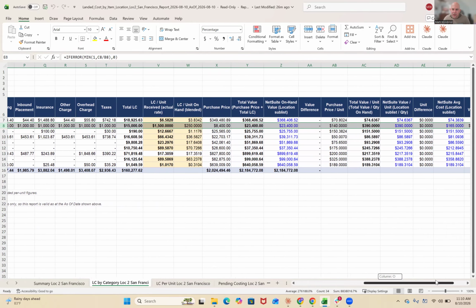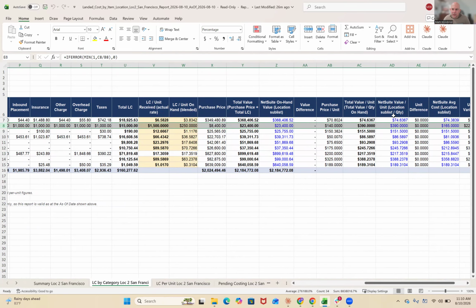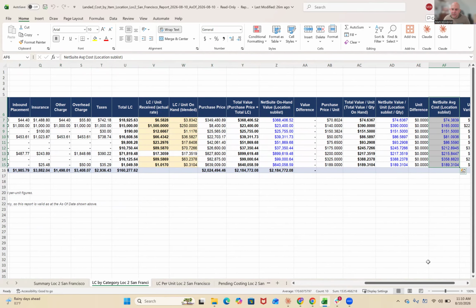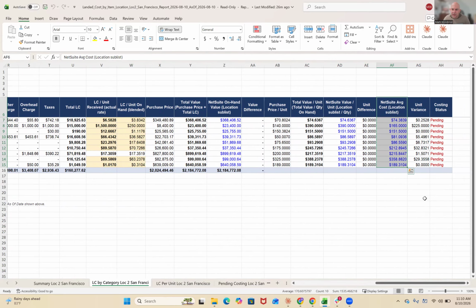Then continuing over, it looks to see if the total value on hand matches NetSuite and gives a variance. The reason there's a variance here is you'll see the costing engine status is pending. This will also ask you when you're running it, if the costing engine is running, whether you want to continue or wait for it to end.